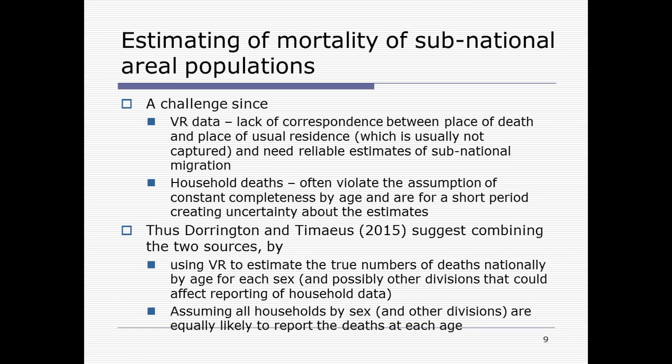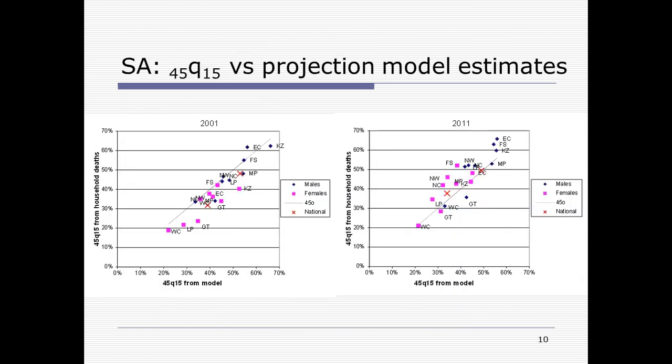In South Africa, we use ethnic groups because households can be very different by ethnic group. And then you make the assumption that the households by sex and any other division are equally likely to report deaths at each of the ages. So there's no reason why a household in one province would be reporting the deaths any differently from another province.